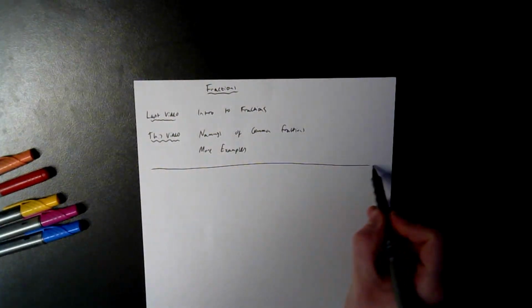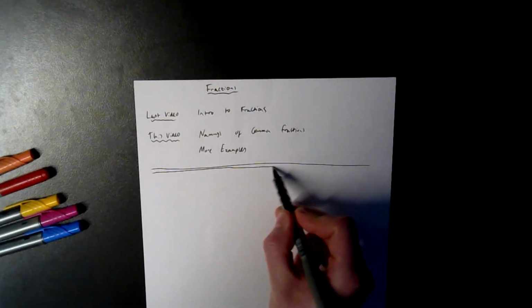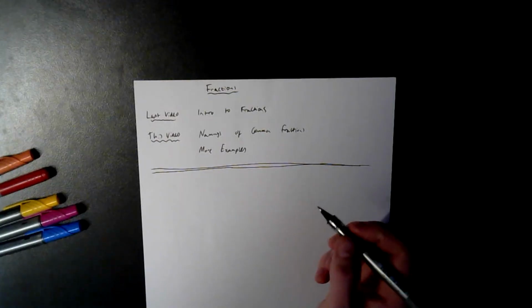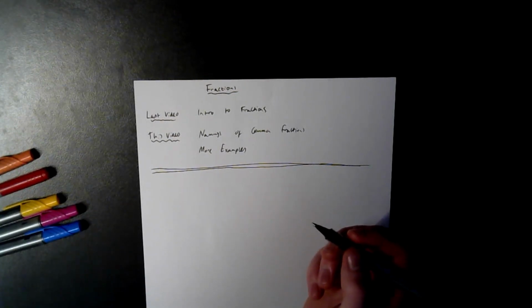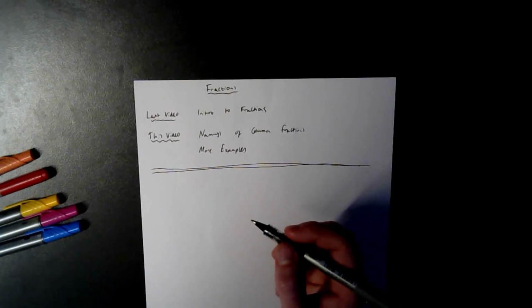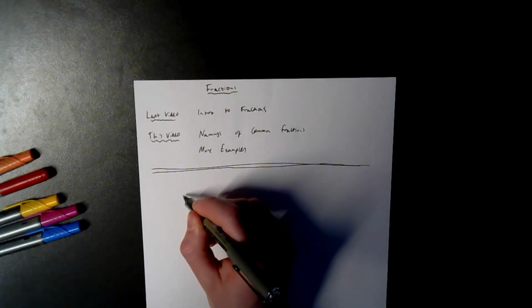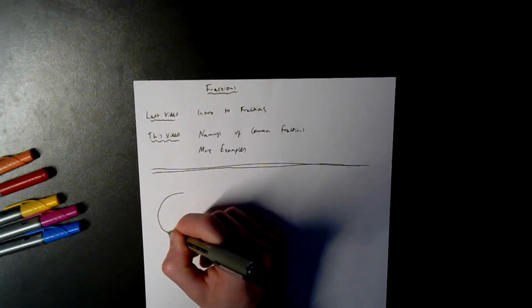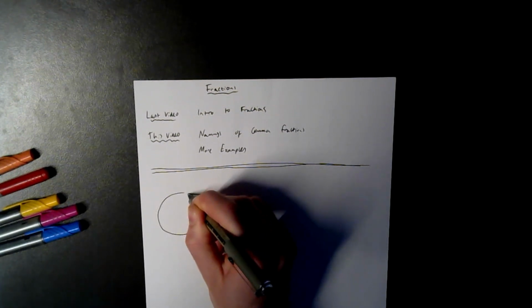Just as a bit of a recap from what we did last time, we're going to look at some more pizzas and other similar shapes and fractions again. Last time we looked at an example with a pizza.